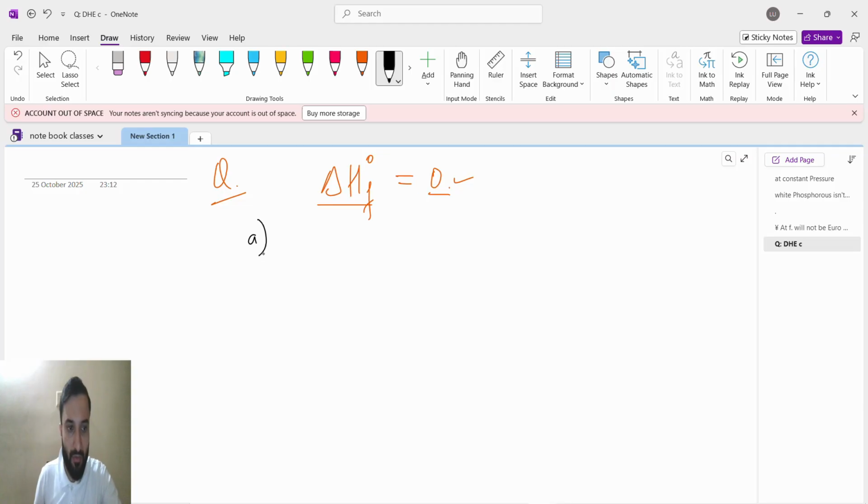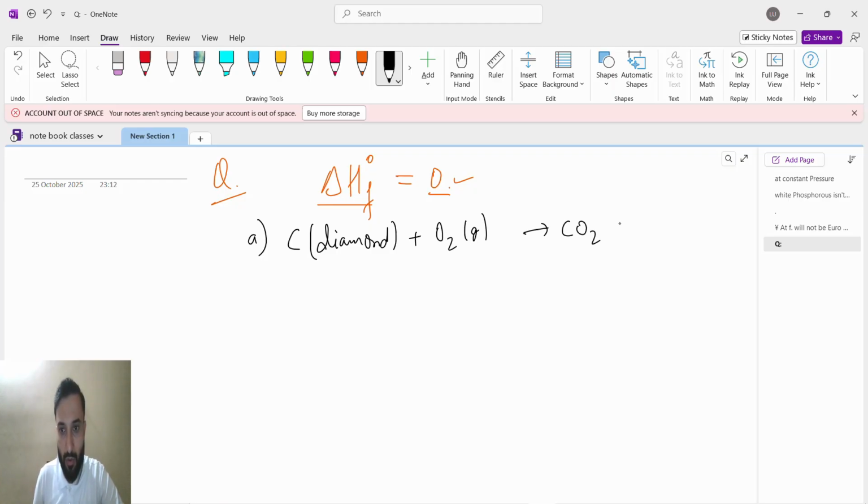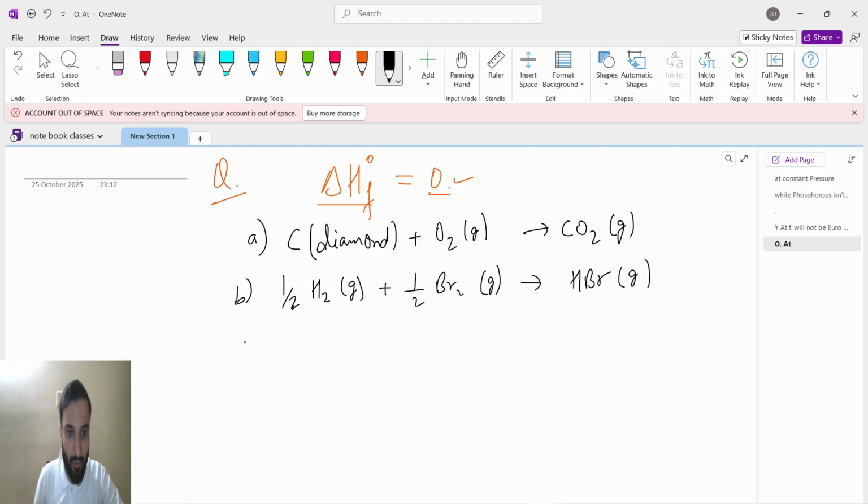Okay, let's see the first option. First option is carbon present in diamond, which reacts with oxygen present in gas form. It will give CO2 which is present in gas form. B is half H2 present in gas form plus half Br2 present in gas form. It will give HBr which is present in gas form.